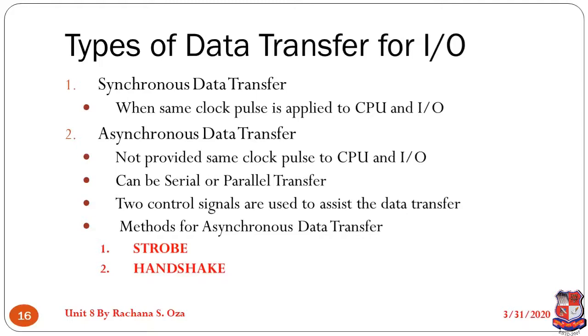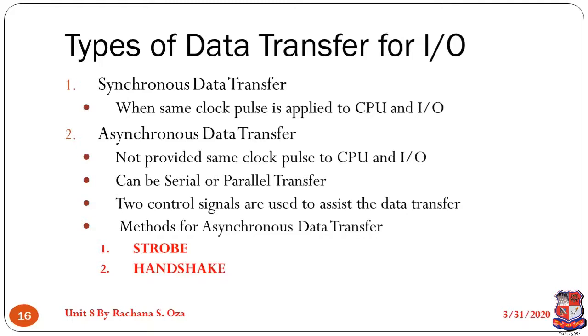In a practical situation, this is a very difficult scenario where a common pulse is applied to all the devices. The application of a common clock equals the assumption that all the devices are working at the same speed, with the same pace, which is not practically feasible.